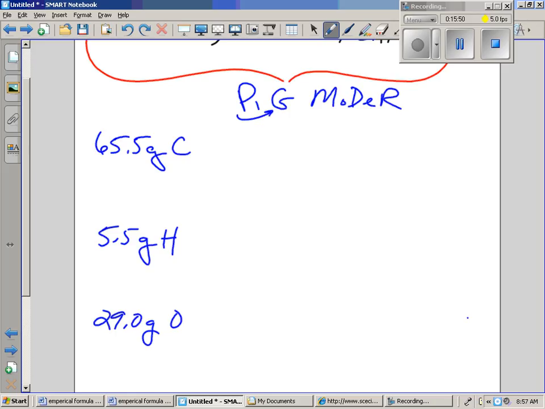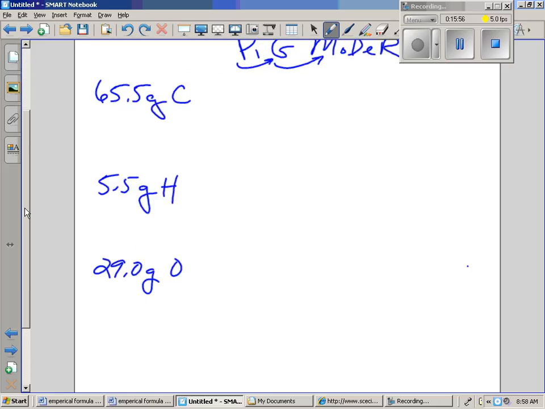Grams to moles was a division. You're going to divide by the weight on the periodic table. So carbon weighs 12. Hydrogen weighs 1. Oxygen weighs 16. Are we okay so far? Now, when I do the division, I will know my answer in moles.